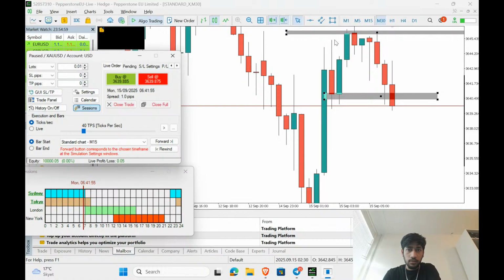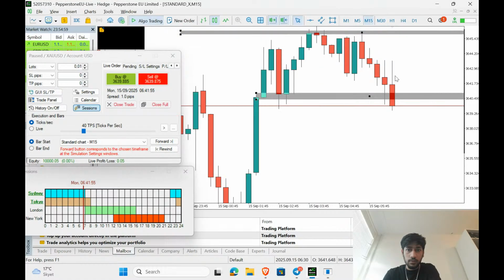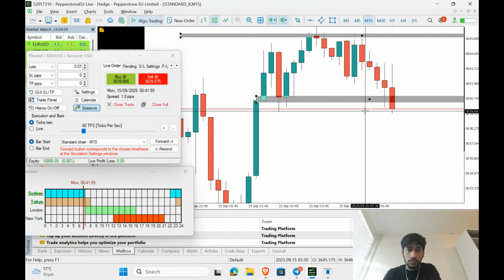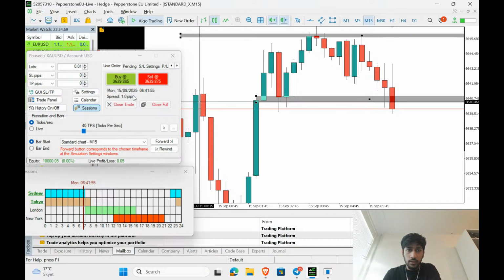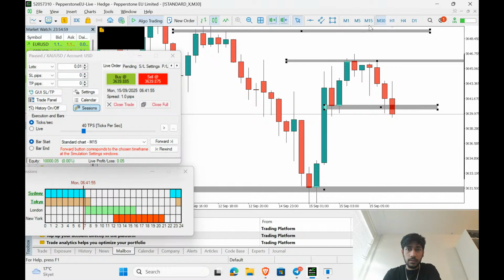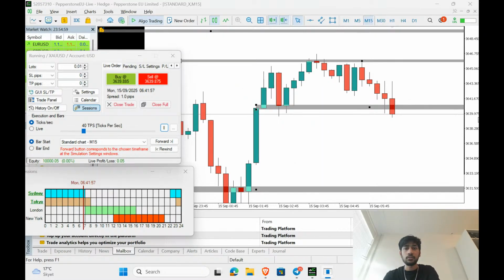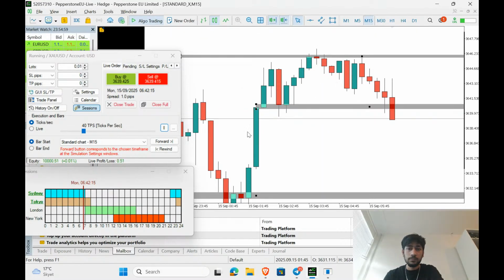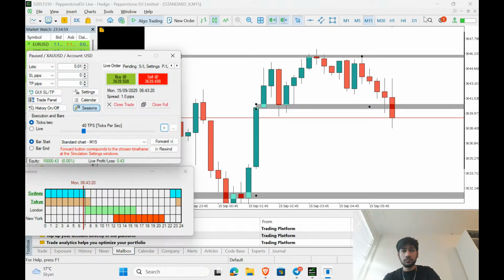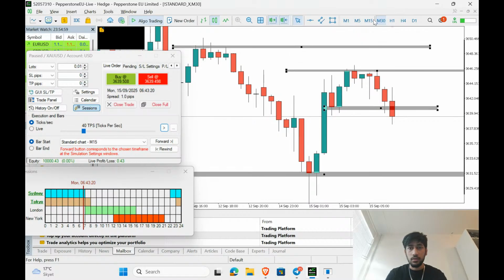Live order. M15, we're just breaking below this low. If we get 42, 43, 45, I think I will be waiting for 15 minutes to close. 43.